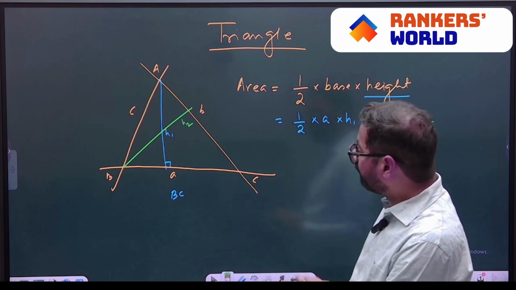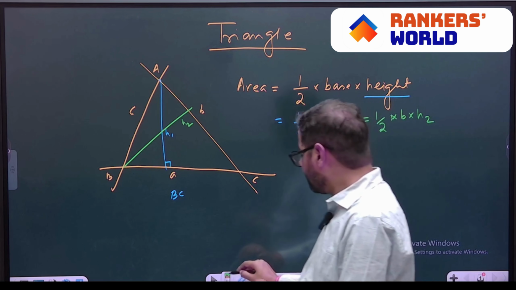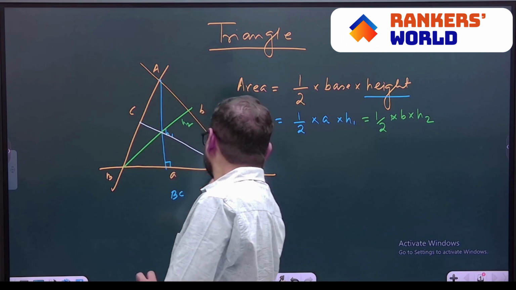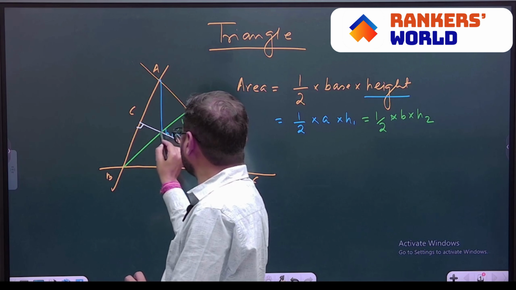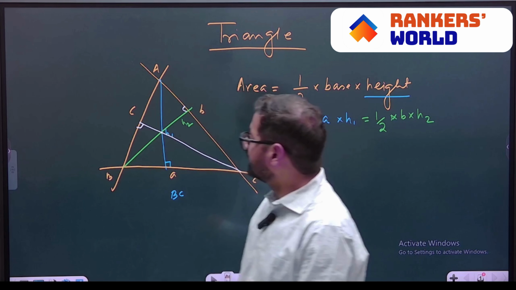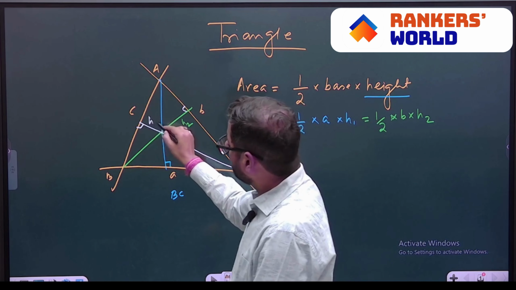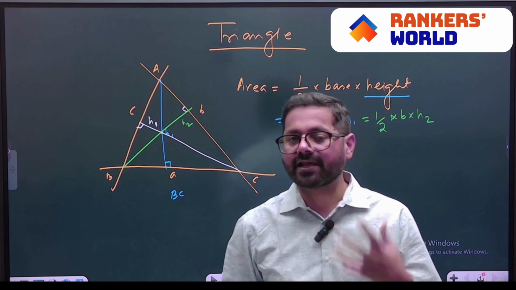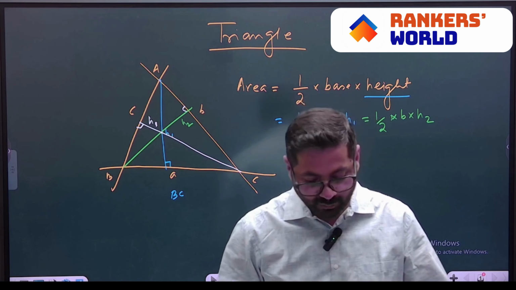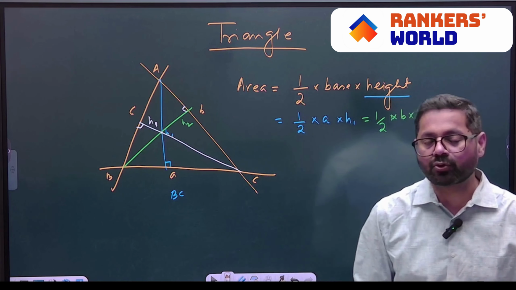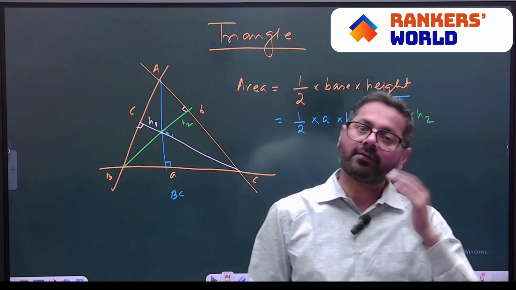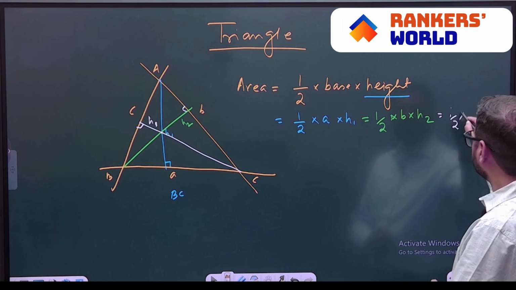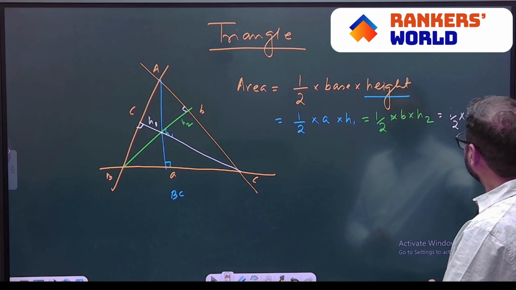Then what is left for selecting the base is AB, and again I can drop a perpendicular, all of them at 90°, and I get another height, H3. So a triangle has three sides, each side can take the position of a base, and the moment a side becomes the base, I need to drop a perpendicular altitude. So it is half of c into H3.